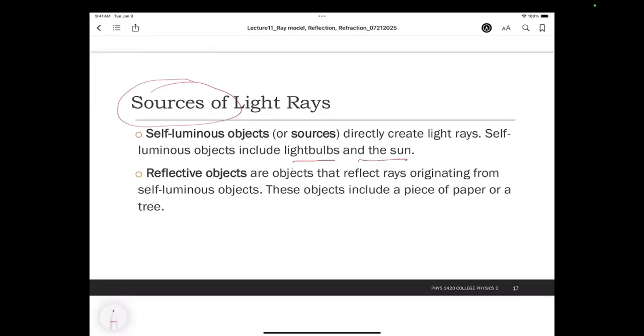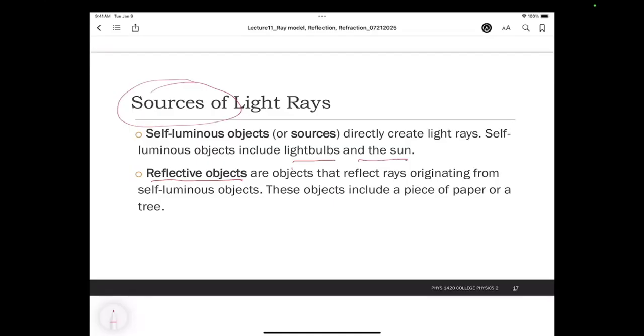The other one is reflective objects, those objects reflecting rays originating from self-luminous objects. These objects include a piece of paper or a tree, and our human body. If you see the paper, it cannot directly create light rays.